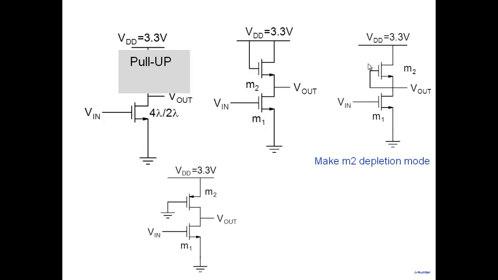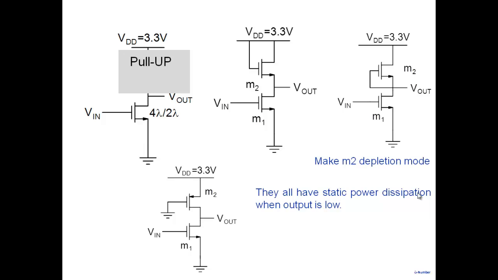So we exhausted our choices with NMOS as a pull-up load, and then we went to PMOS. What about this one? Does it solve any problem? In fact, this is one of the homework problems which you are asked to analyze, right? So go ahead and analyze. One of the problems that you see in all of them is that none of them solves the problem of static power dissipation.